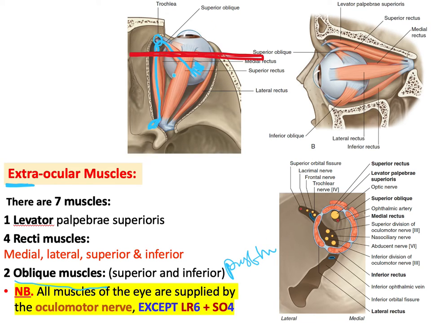This is superior oblique. What about the inferior oblique? Okay, let us look at here. This is the inferior oblique originates here from the floor of the orbit and inserted here laterally. Again, it's inserted in the posterior half of the sclera.